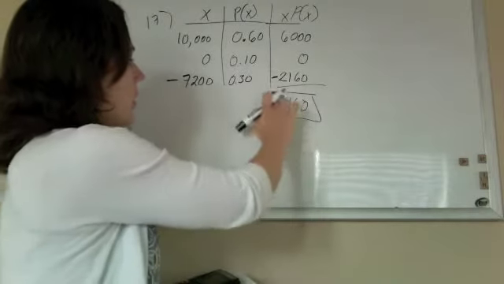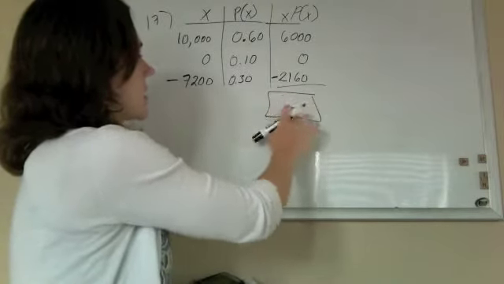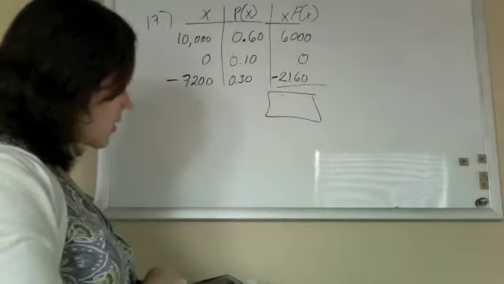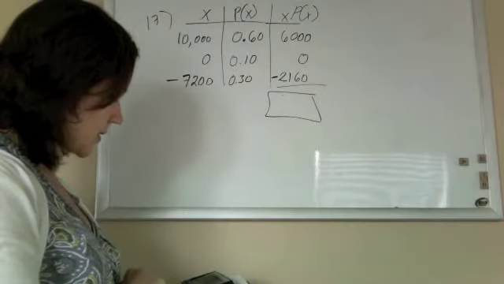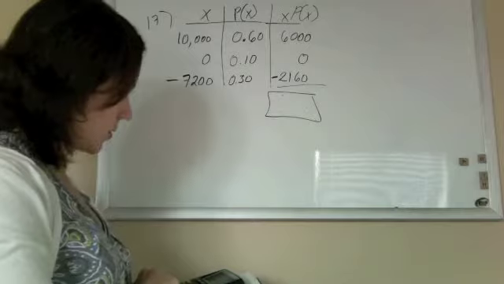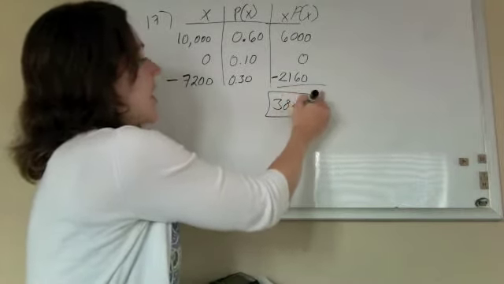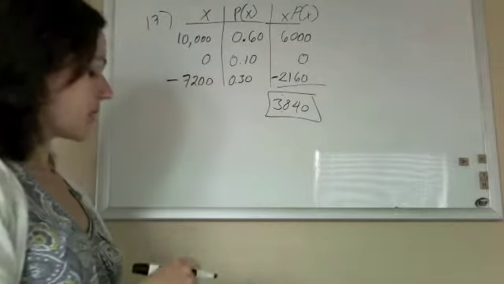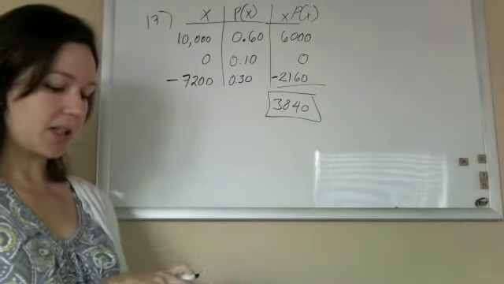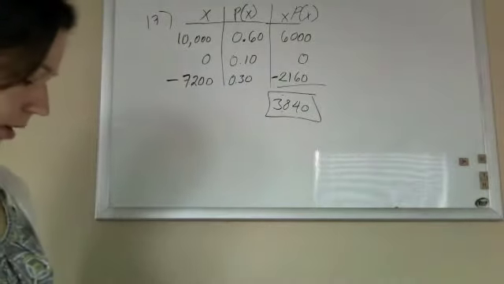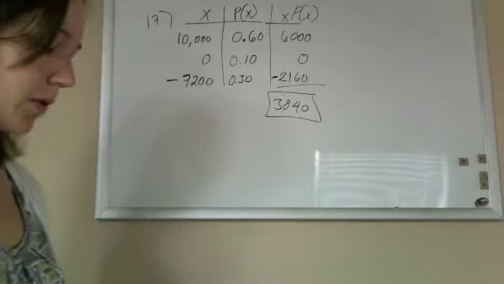So that's going to change this to 6,000 minus 2160. 6,000 minus 2160 is 3840. There we go. So, good thing we checked. So that's 17. And then 21, moving on to that one.